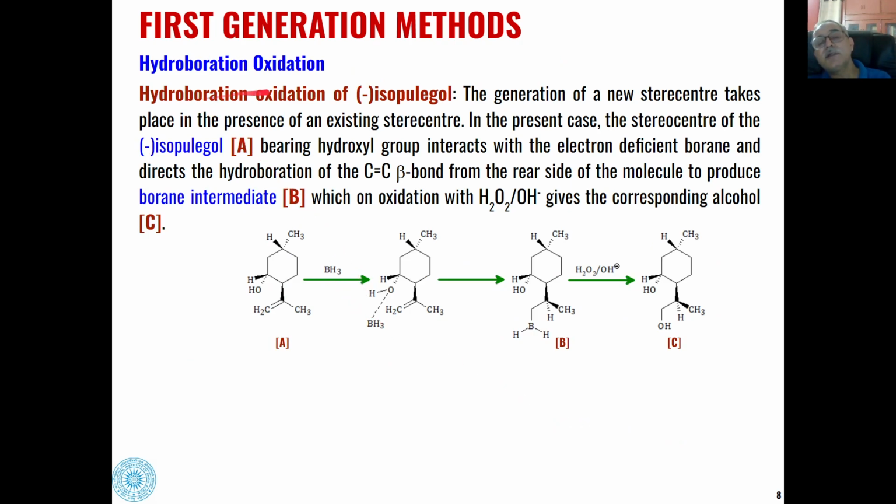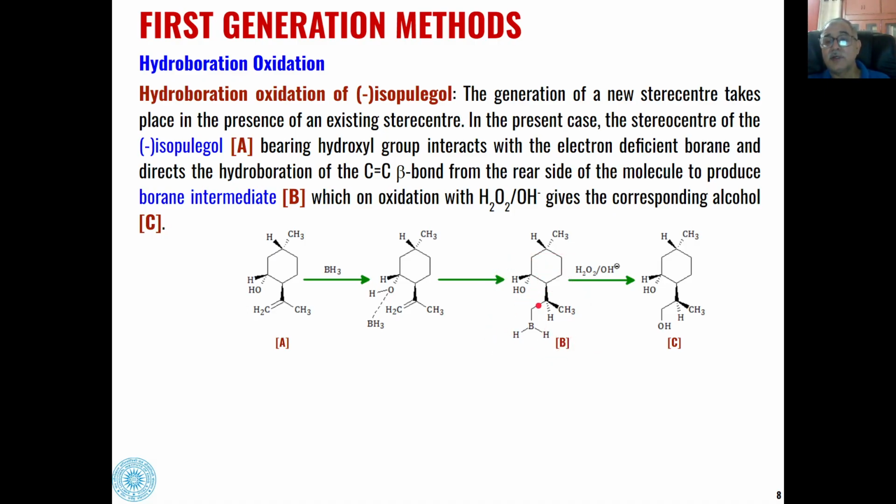Then another example is hydroboration oxidation of isopulegol. This is a terpenoid. Again, this is an optically active substrate from the chiral pool. When it undergoes hydroboration reaction, because of the presence of this hydroxyl group, the first intermediate of the borane molecule with this hydroxyl will be formed, which will be converted into this type of addition product.